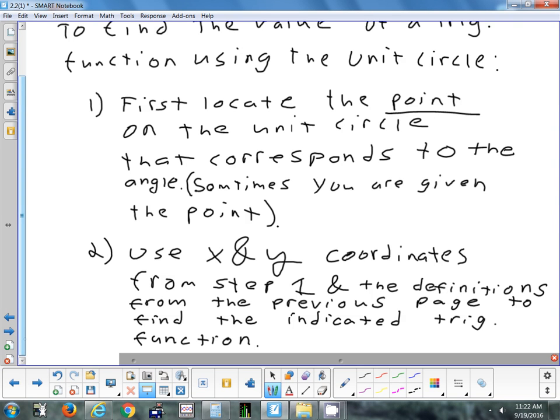What we'll do to start out is I'm going to do all 6. We'll practice finding every trig function in all the problems we do.